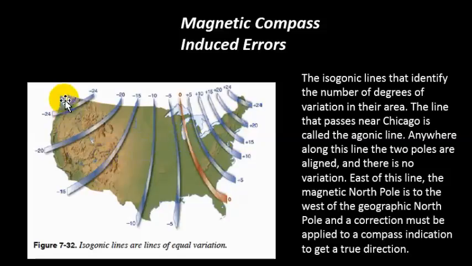But if you're out in California, we have to actually subtract 20 degrees from our magnetic heading in order to get to true north. So these are just lines of equal variation that we would look at.